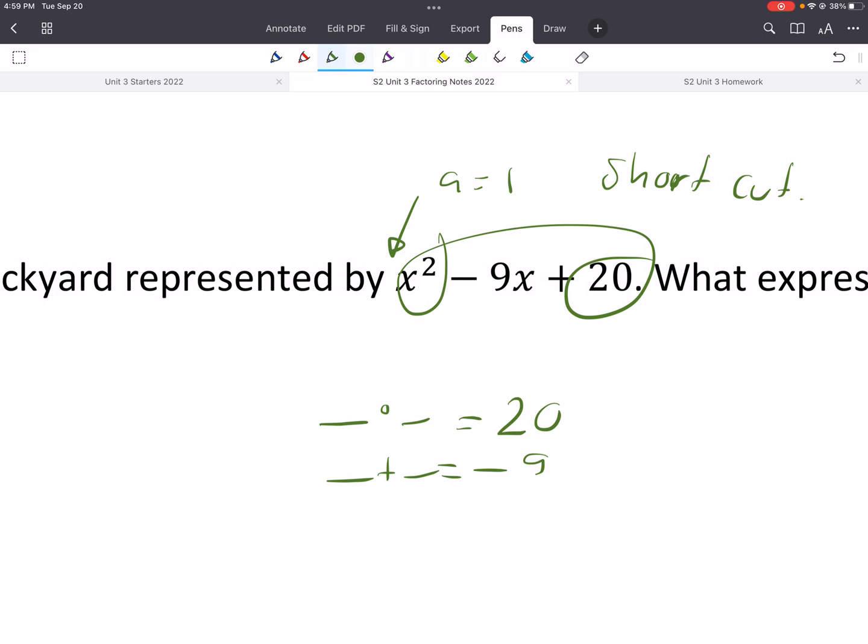Because a negative and a negative will give you a positive. Only other way to get to 20 is if they're both positives. But there's no way to get two positive numbers that can give you a -9. Okay, so let's see what could work. Maybe -4, -5.